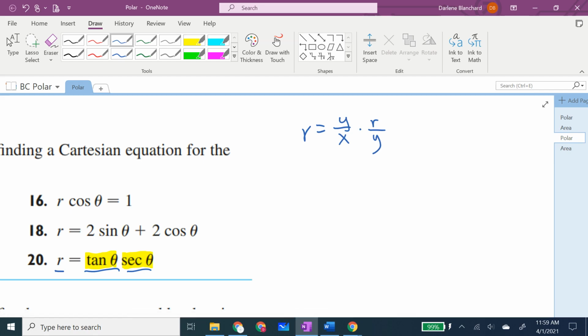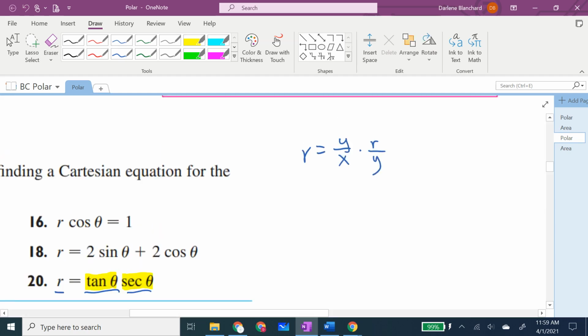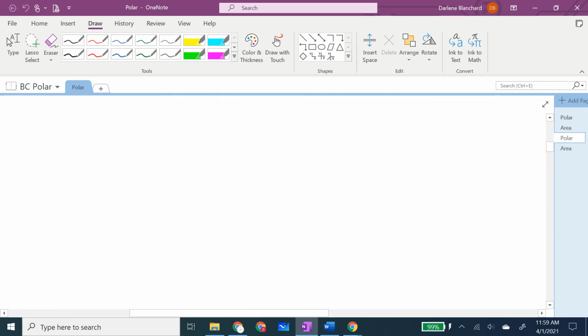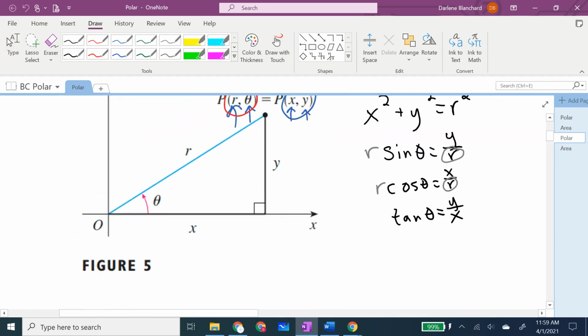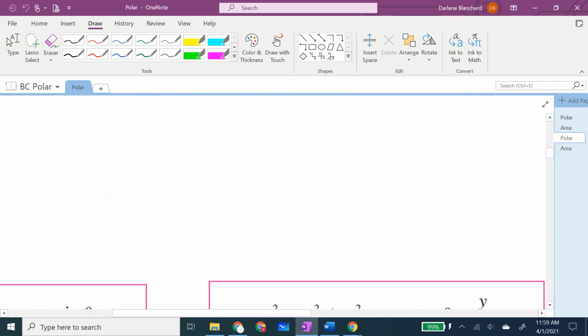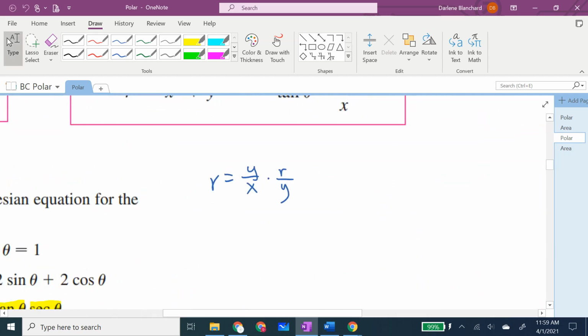Look at that. Did I put that correctly? Yes. Did I mess that up? Let me double check. Secant. I felt like there was something wrong there. Okay, there we go.